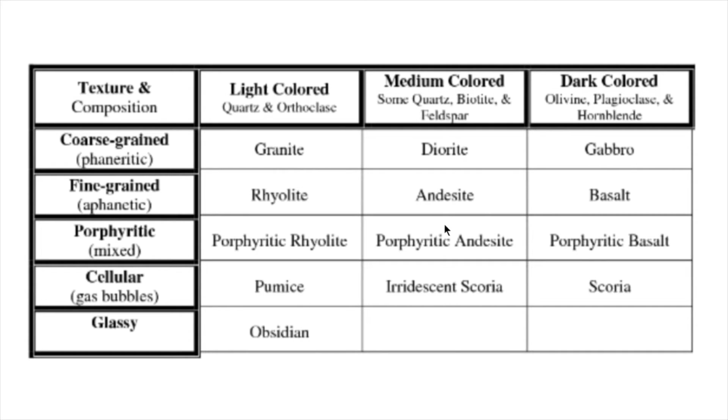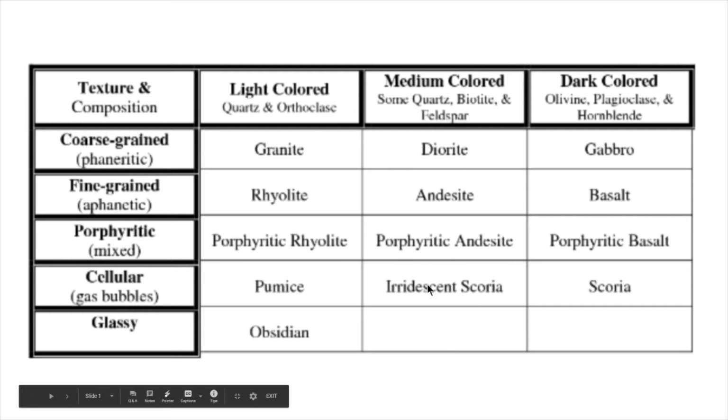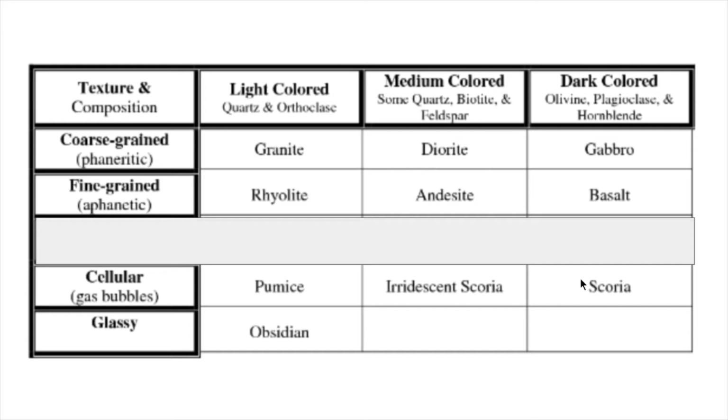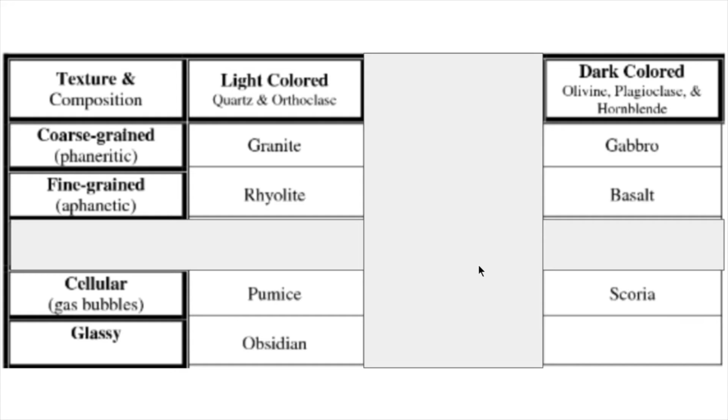But I am not concerned, as eighth graders or even as ninth graders or 10th graders, I want to deal with just light colored and dark colored, coarse grained and fine grained. So all of those that are in between coarse and fine grained, I'm going to get rid of. We don't need to deal with them. Likewise, if they are in that mixture of light colored and dark colored, we're going to get rid of them.